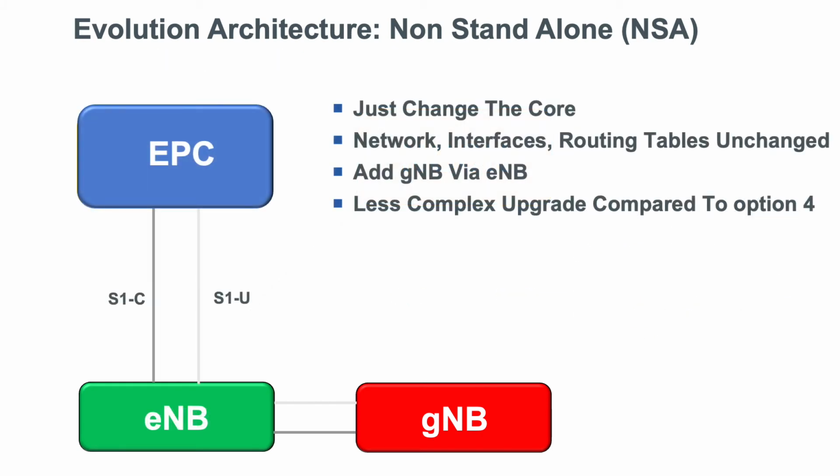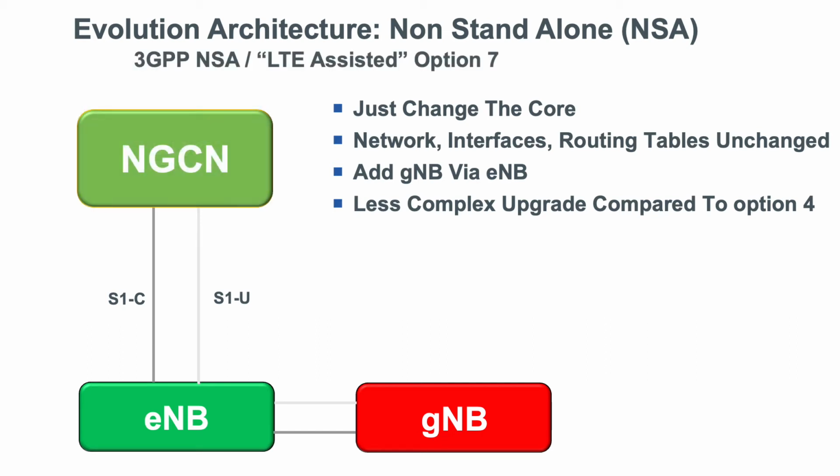Okay, let's take a look at yet another option. This time we're going to simply change the core. So when the new next generation core network is available, it may be more advantageous for us to simply swap out the EPC, the evolved packet core, for the new next generation core network.